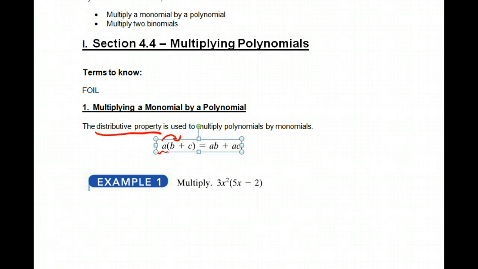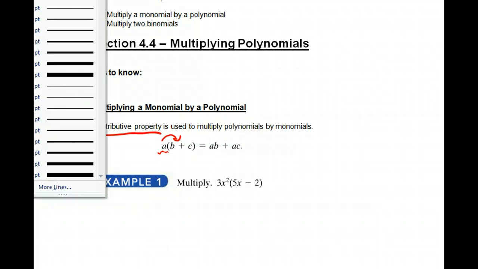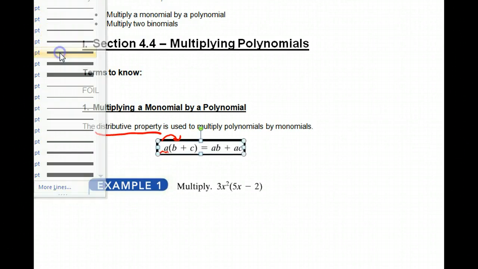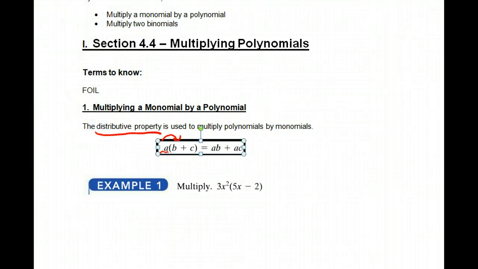And distributed that A into the parenthesis and multiplied it times the B and the C in order to simplify the entire thing. You've done this. By this point in our class, you should know how to do it with proficiency.